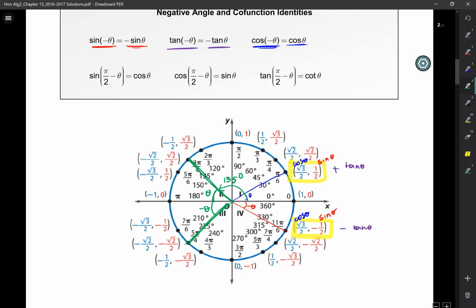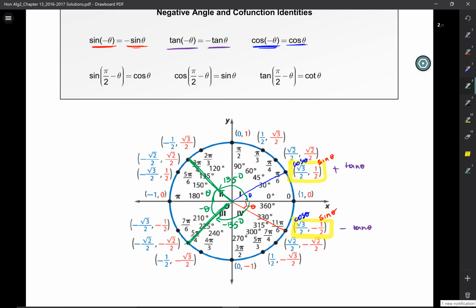This is negative 135 degrees. Do you see that? Yeah, it's the same amount. Okay? So now let's do complement of an angle.